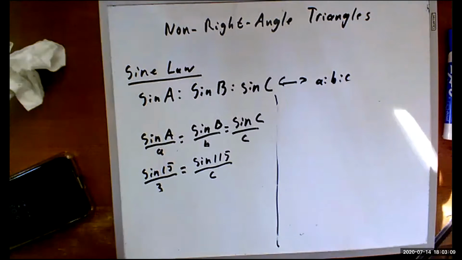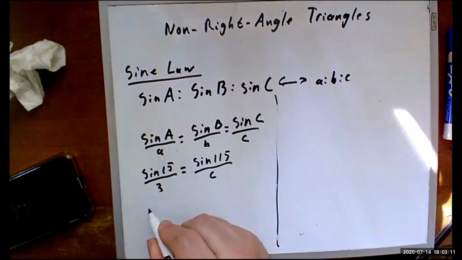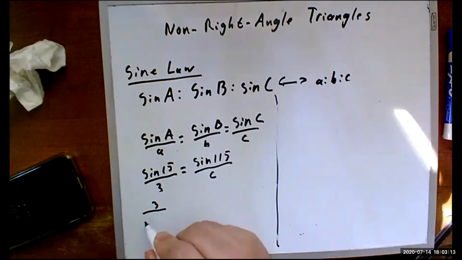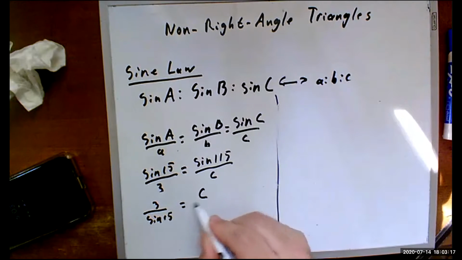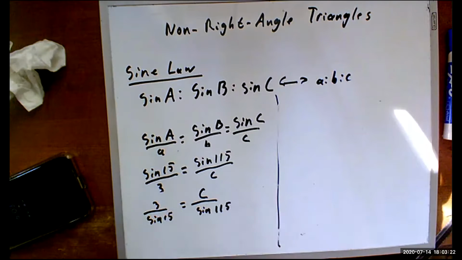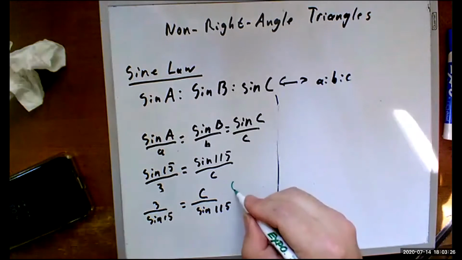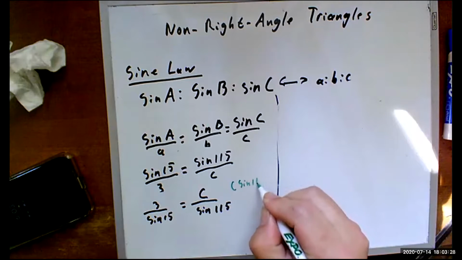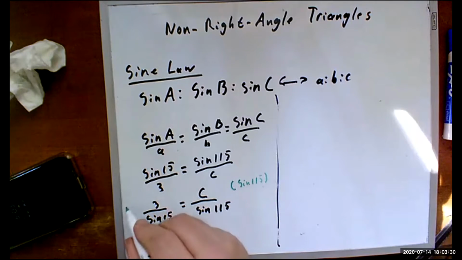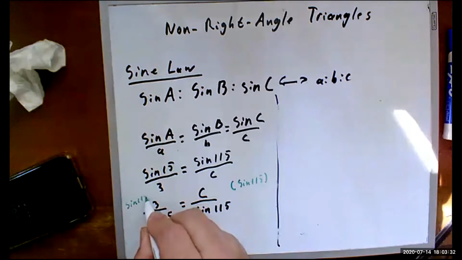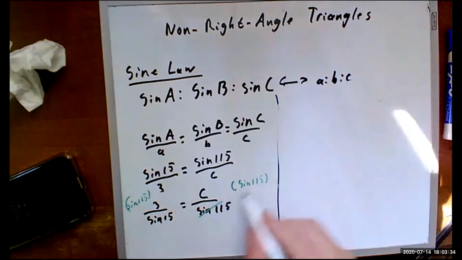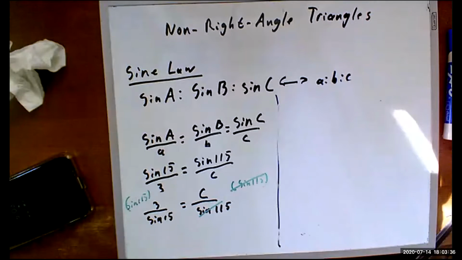Again, to make my life easier, I flip things upside down. So I'll get 3 over sine of 15 is equal to c over the sine of 115. Again, I'm going to multiply by the sine of 115 on both sides to make that cancel out.